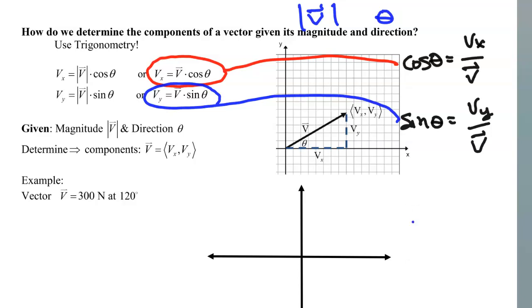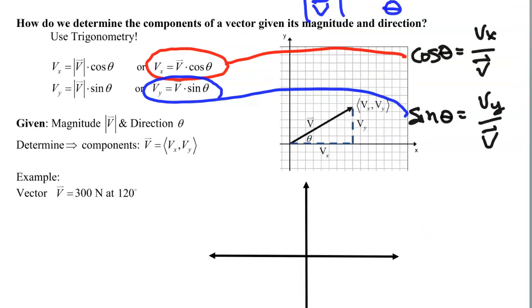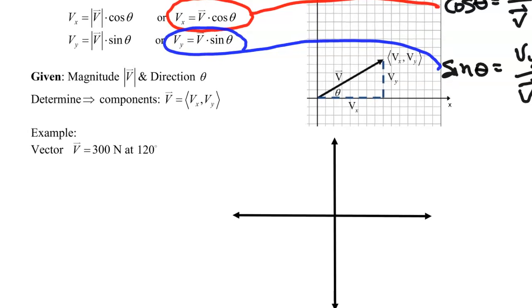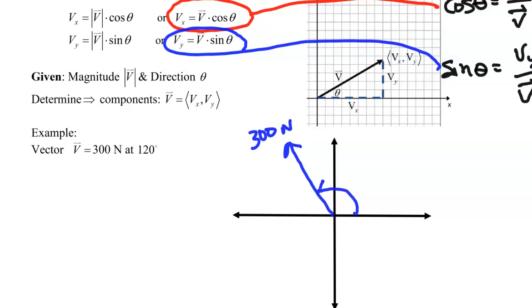We're using these two equations. So I'm using those two equations above, and I'm going to draw my vector of 300 at 120 degrees, which is maybe right here. 300 newtons here, about 120 degrees.